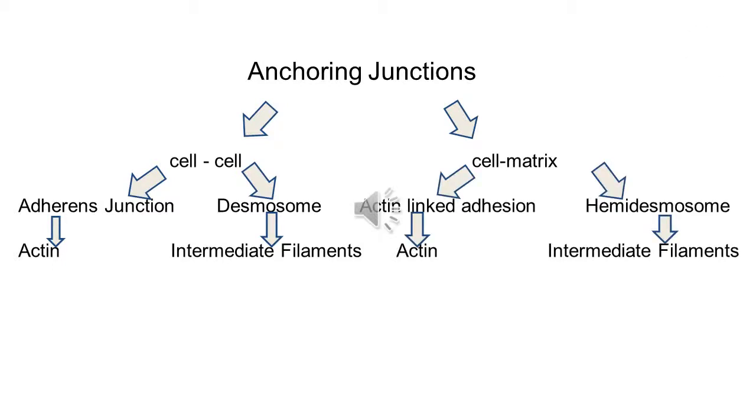Similarly, there are two types of cell-to-matrix junctions, and they are also distinguished by the cytoskeletal filaments that the extracellular matrix is being anchored to. These are actin-linked adhesions, which obviously use actin, and hemidesmosomes, which use intermediate filaments.